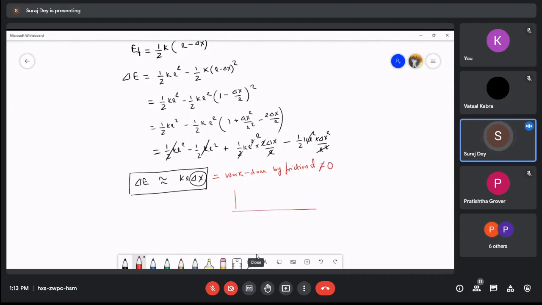Normally you have this block here and you release it from some initial position x i, and your final position x f is also approximately x i itself. So in an ideal case where there is no friction, or no loss of energy, this block starts here, goes here and comes back to this position.